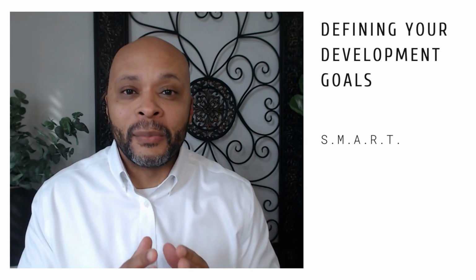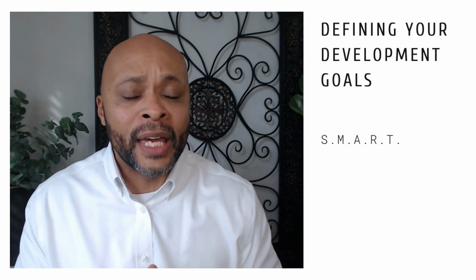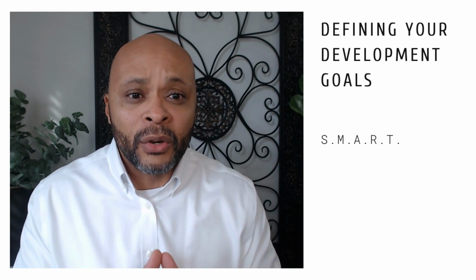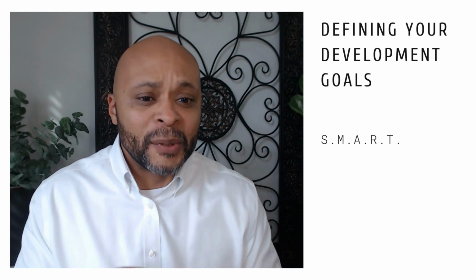Now that you have identified your areas of focus, those focuses become your defined goals within your development plan. During the process of defining your developmental goals, you want to make sure that those goals are SMART. I mean the acronym SMART, where each letter stands for something in particular. S, for example, is specific.